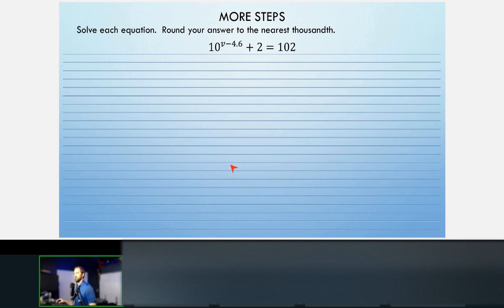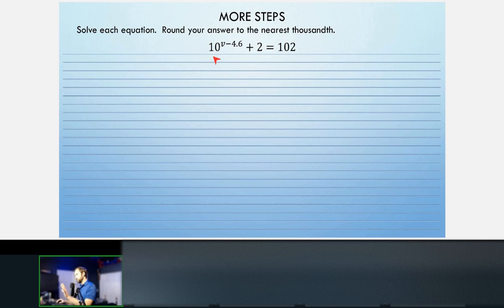All right. Everyone try this one. I'm going to give you a little hint. If you're looking at this problem and you really want to just go ahead and either log or natural log both sides, remember, you can only do that when you have a single term on both sides. Not always, but usually. So right now we have two terms. And remember, terms are separated by plus and minus signs. So we have this term plus this term equals this term.